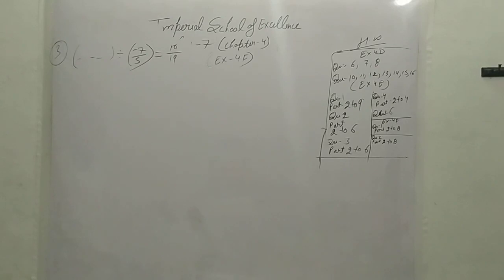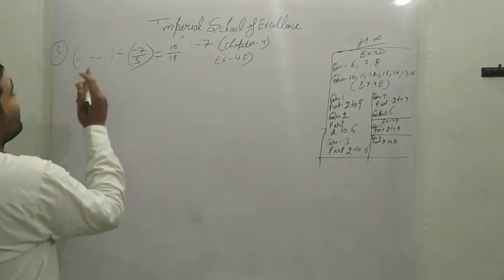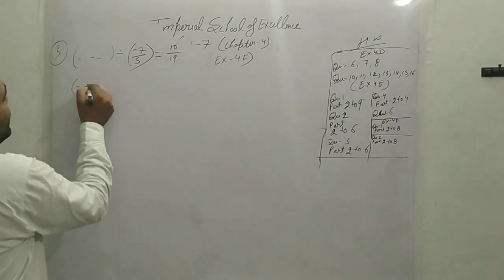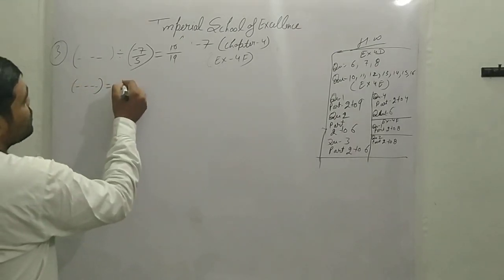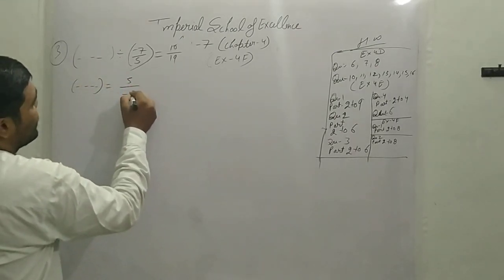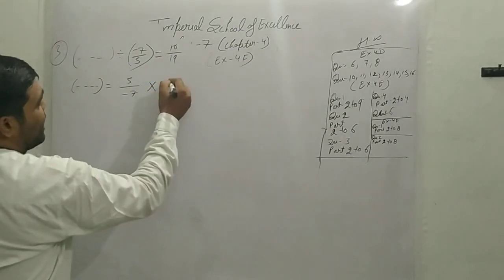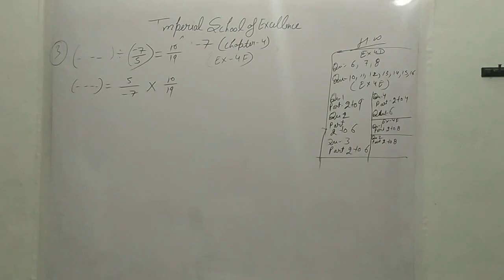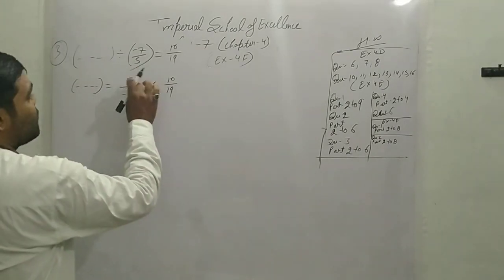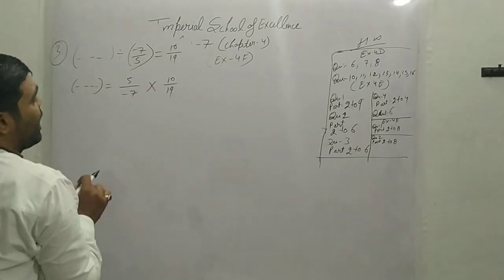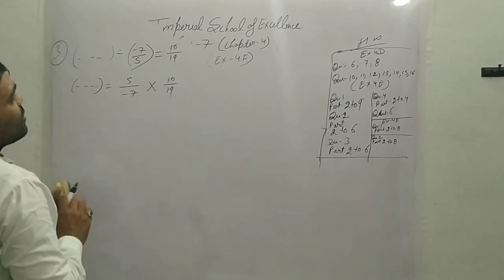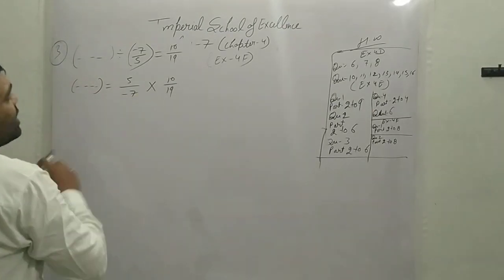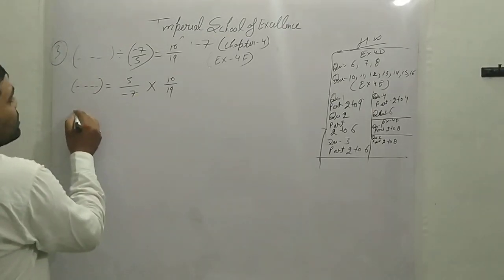What you have to do here in this question? Blank equals 10/19 multiplied by 5/-7. Now you have to multiply this. 5 into 10, 7 into 19. If it is cancelling, then you can cancel also.